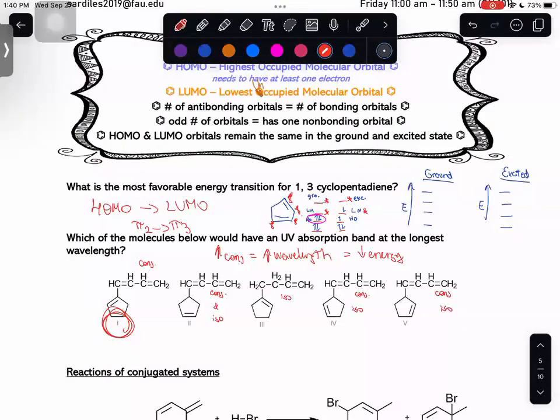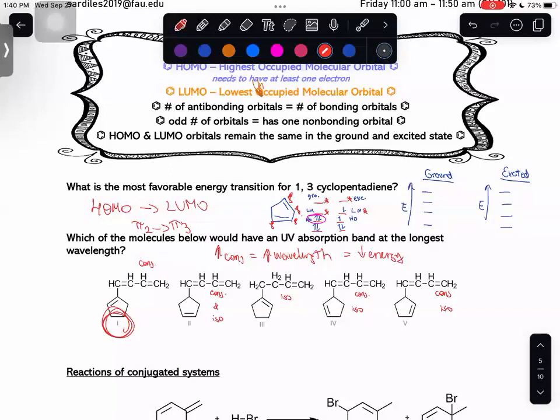What's the difference between configuration and conformation? Let's start reviewing. Conformation. You have two options. What are the names? No, that would be configuration.